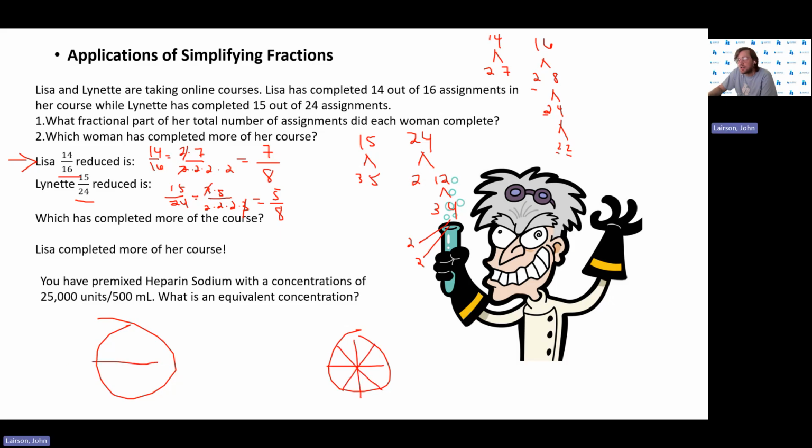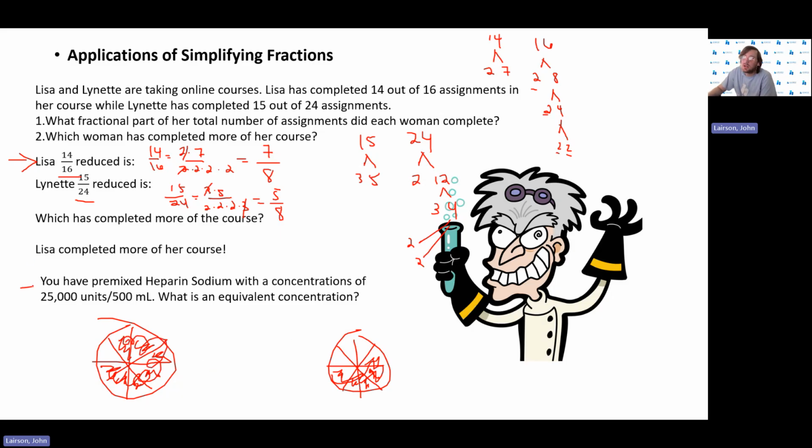We simplified the fraction into classes, which I'll represent as the circle, into eighths. And Lisa did 7. 1, 2, 3, 4, 5, 6, 7. So only missing that one little part. And Lynette did 5. 1, 2, 3, 4, 5. So clearly, Lisa completed more of her circle, which represents the class, than Lynette did.